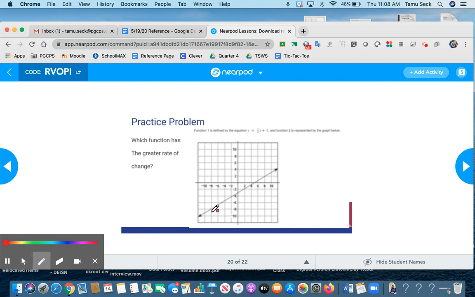So we put a dot here, and then we look for another place where we can draw a dot. So we can put a dot here, and we can draw a right triangle. And this is 1 over 2. So m is equal to 1/2.